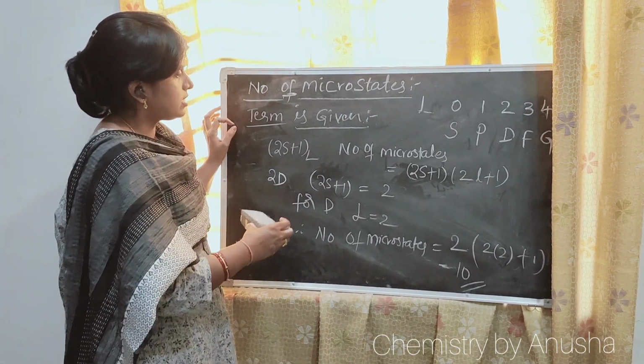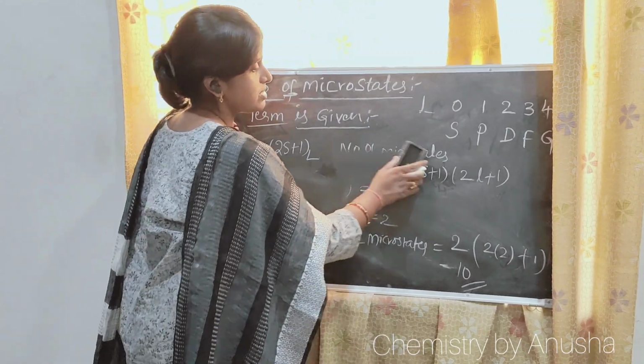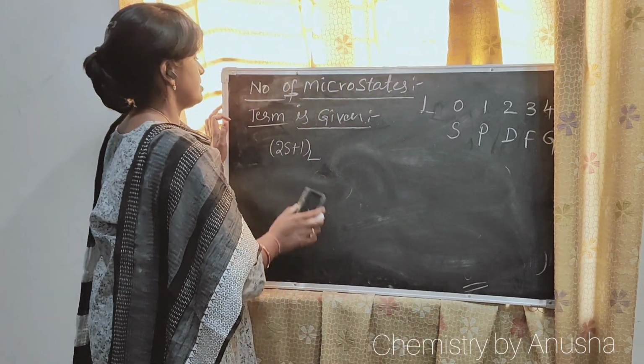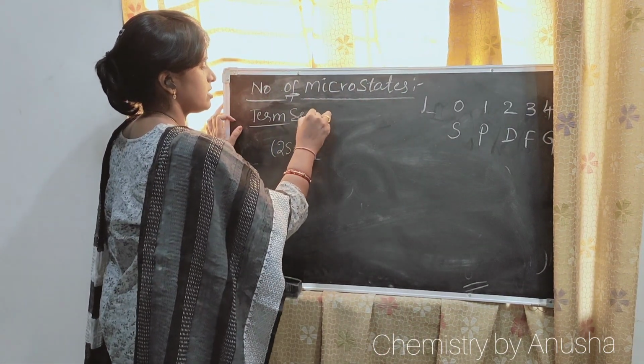Now, if the term symbol is given with the J value, 2S+1 L_J, what is the formula for the number of microstates?